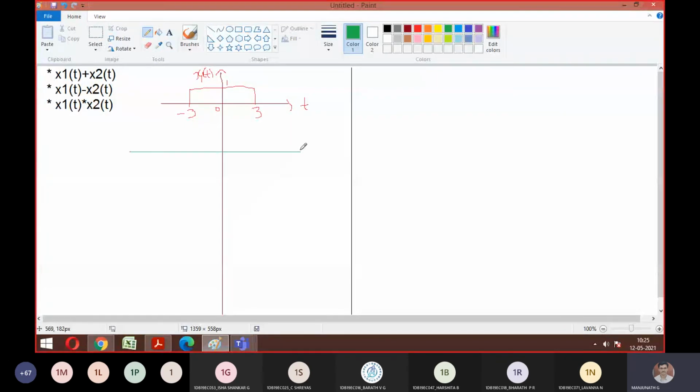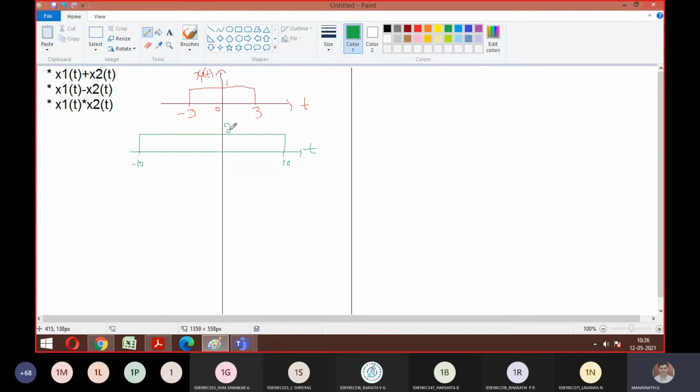So it's a rectangular function that they have given, a straight line. This also has an amplitude of 2, not 1, it is 2. So this is the second signal x2 of t. Okay, so these are the two signals they have given you.